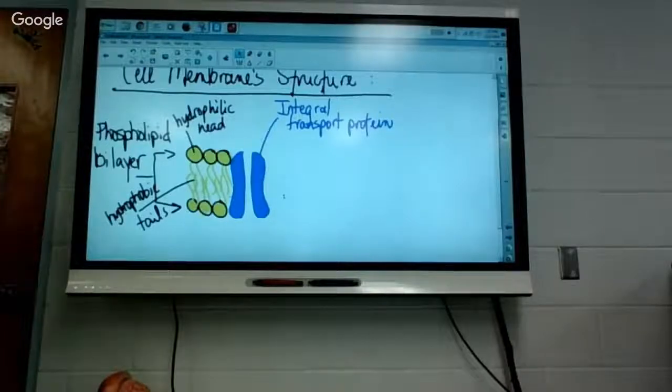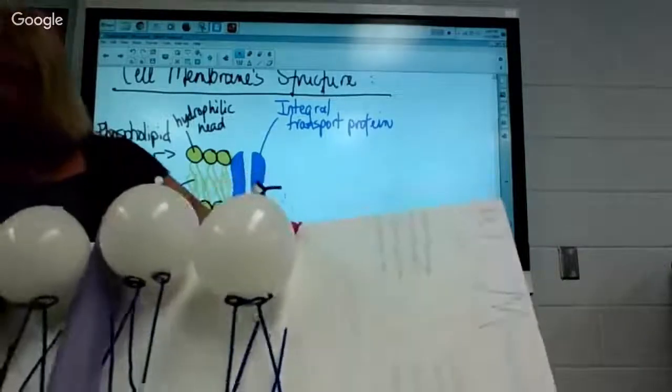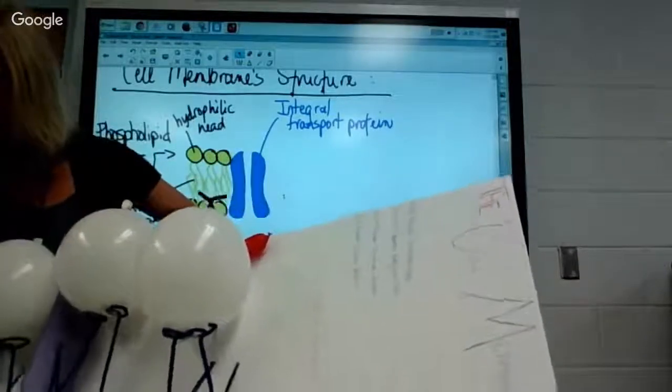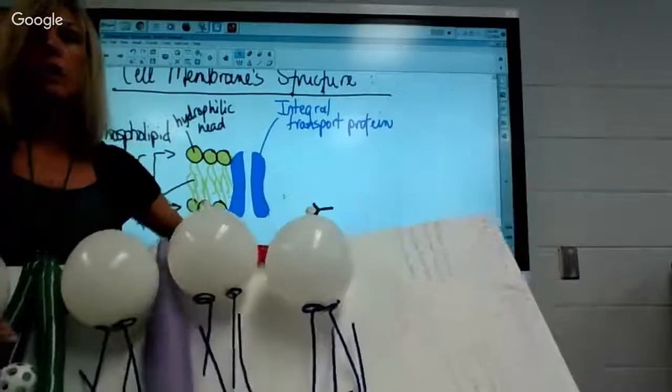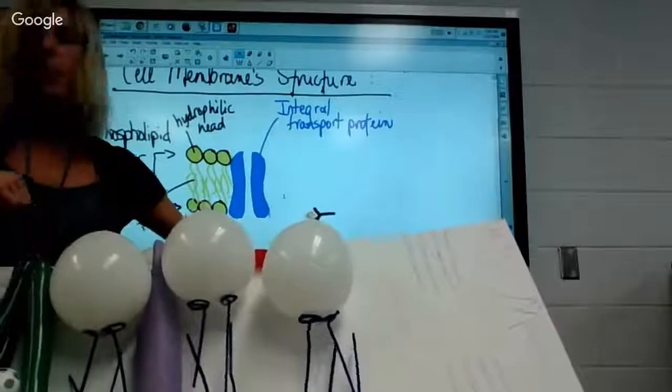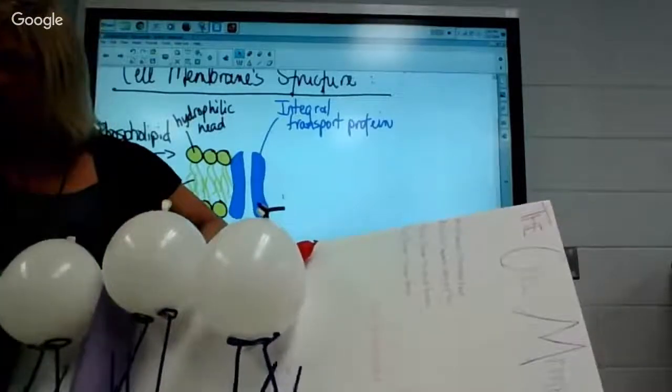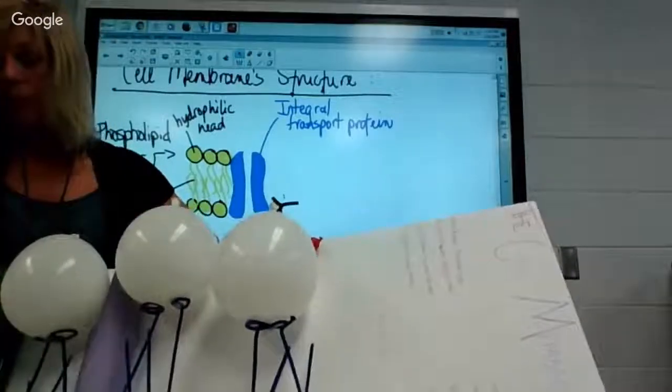Other things might be bigger, but they can get through. It just might take them a while to squeeze through those balloons, okay? So when that happens, we've got these cool transport proteins that can actually act as a passageway, okay? But this passageway allows it to go through a lot quicker.